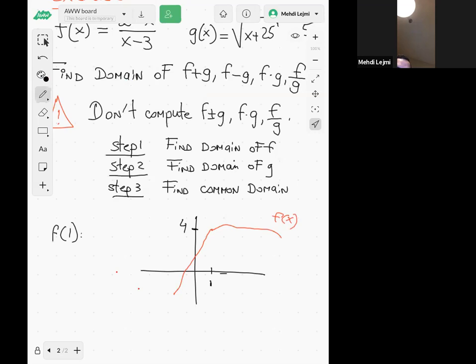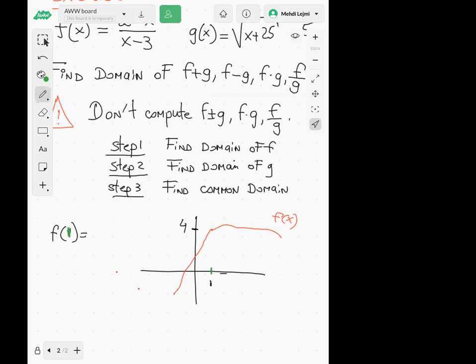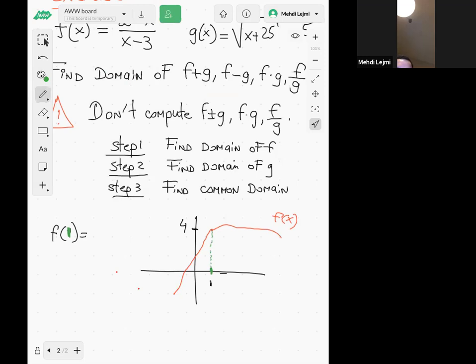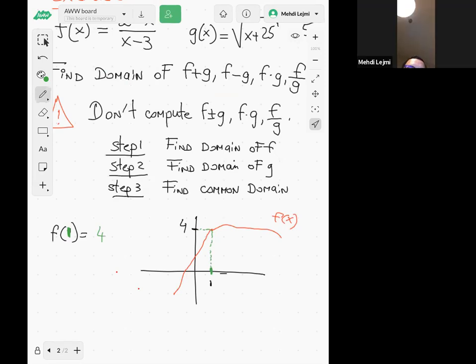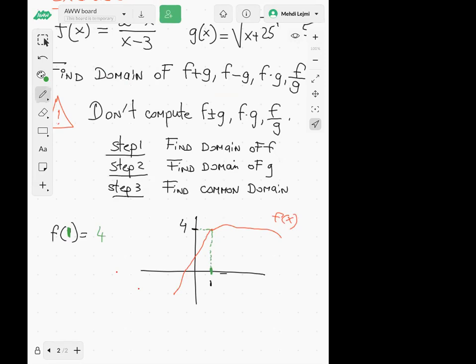You have to find the corresponding output. This is x is 1, and so f of 1 would be here, it would be 4, right? That's the answer. That's what you have to find. I just wanted to make sure I was answering the right question. Okay, thank you.